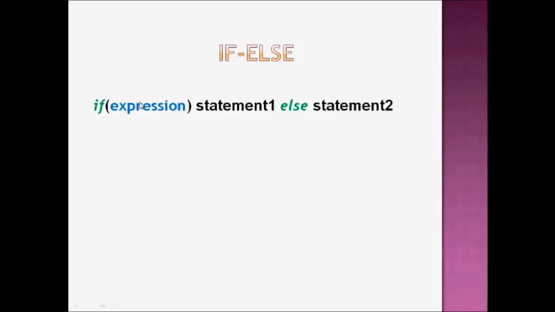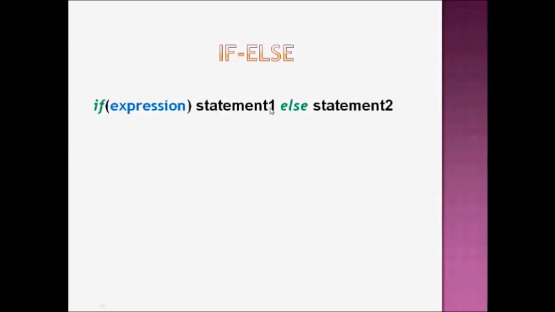This is the general form of the if-else statement which has an else portion also. Now see what happens in this case. If this expression is true, or in other words, if the value of this expression is non-zero, then statement 1 will be executed.